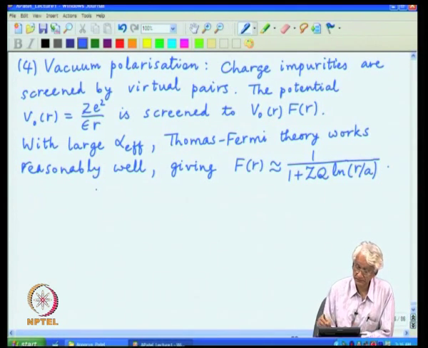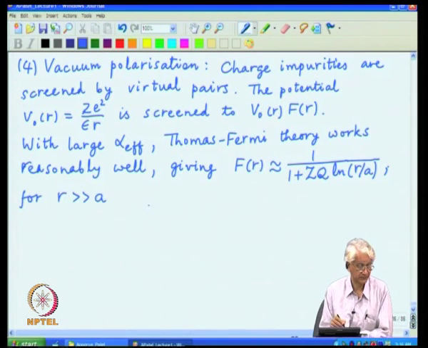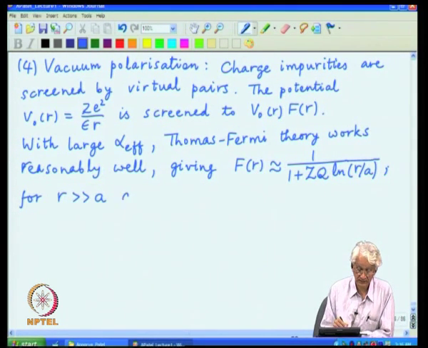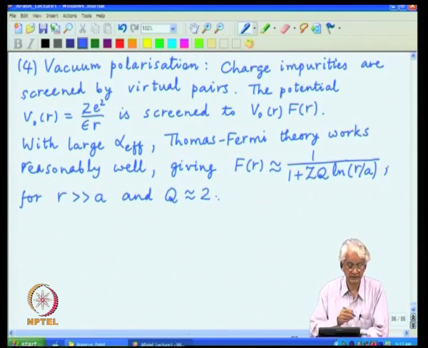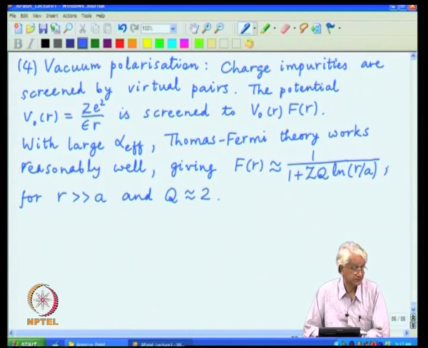And this form is valid where one is quite far away from the atomic scale, as well as this number q, which depends on the various parameters of the material, being equal to 2. It is related to the alpha effective.